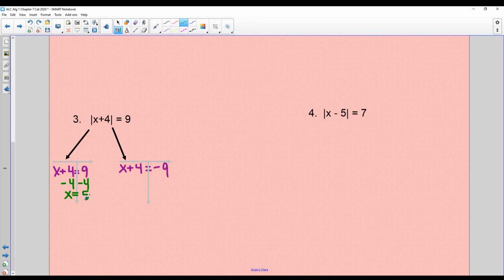All right, same exciting thing going on over here. It says plus 4, you still minus 4. Nothing new to see here. The real excitement is this moment. What is -9 minus 4? Hopefully you said -13. And those are your 2 solutions.